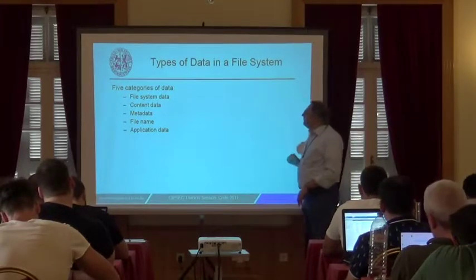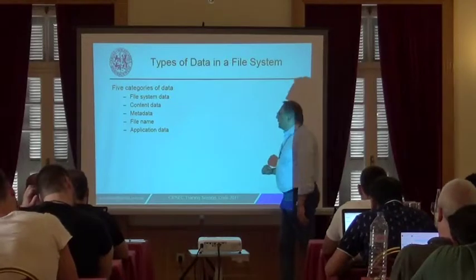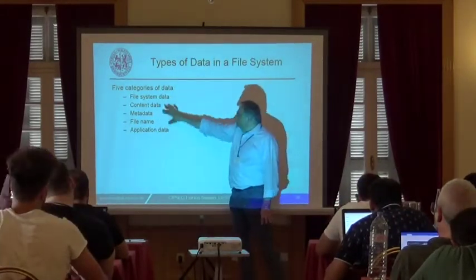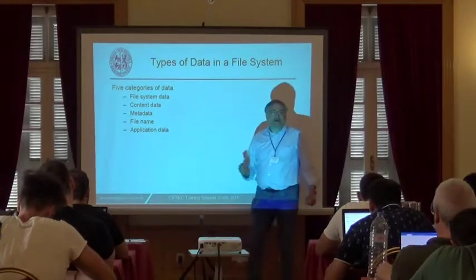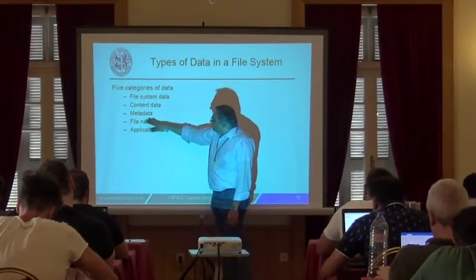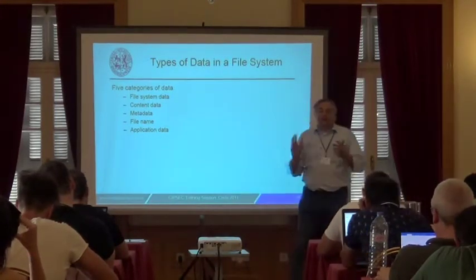So, what kinds of stuff do we have in a file system? Well, we have obviously the data. I mean, that's why we have all the other stuff, because we need to store our data. So that's very important. Next is the names. So user data and user names.